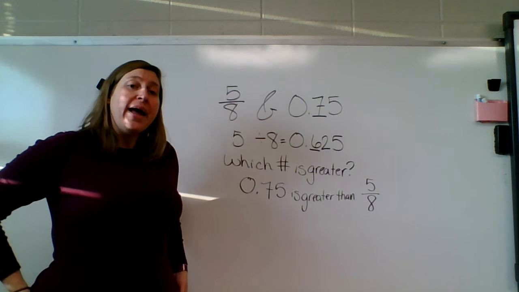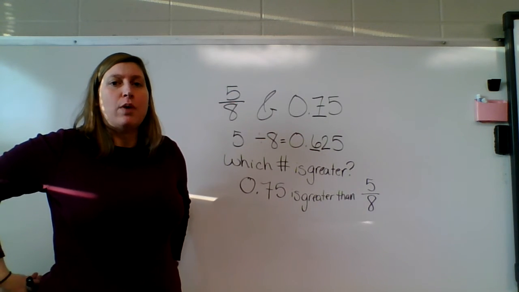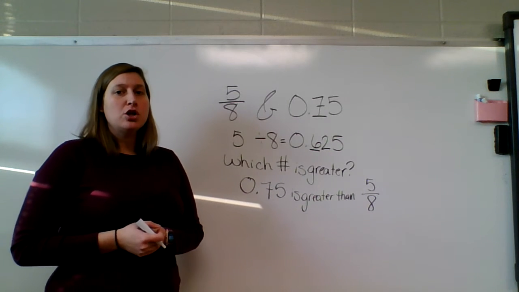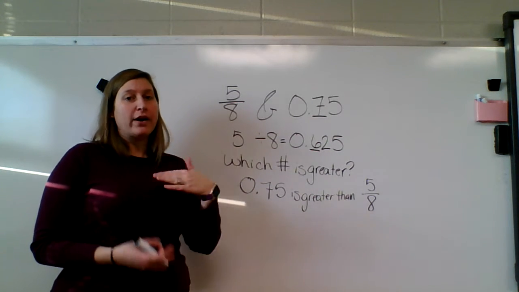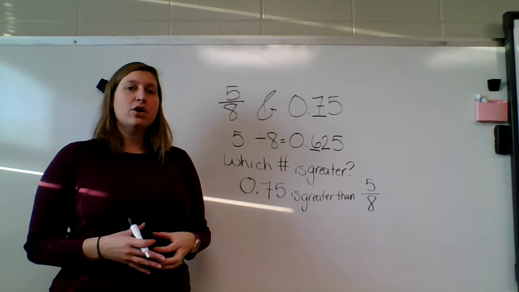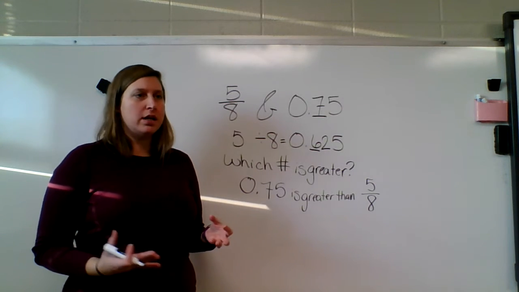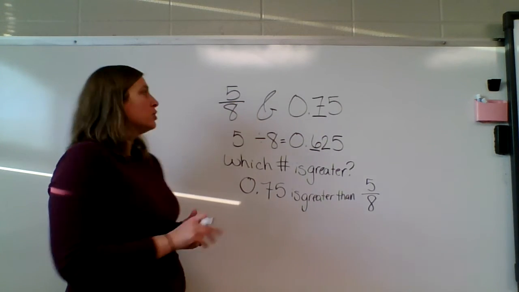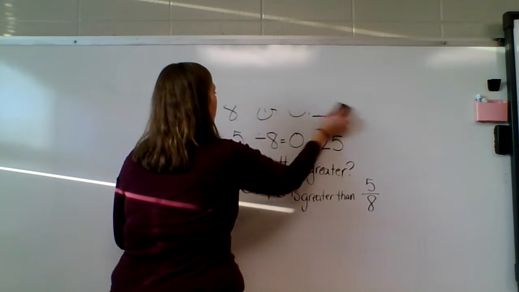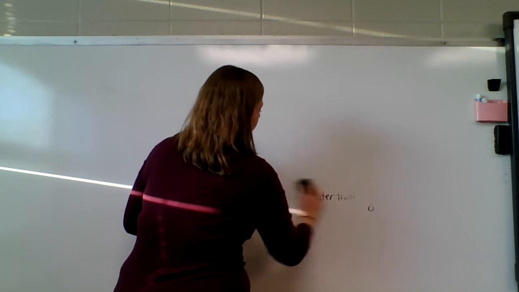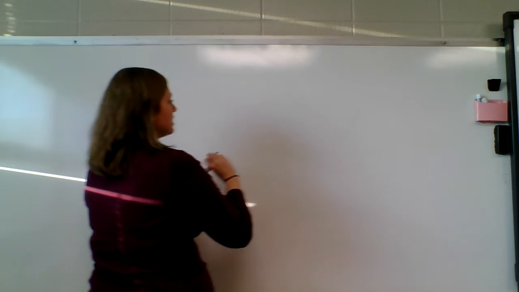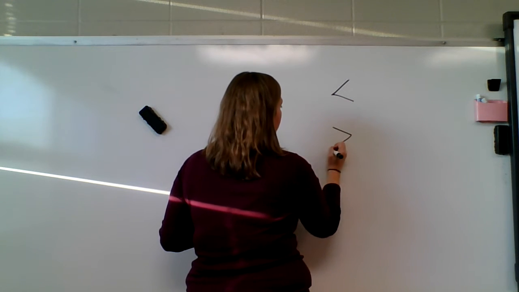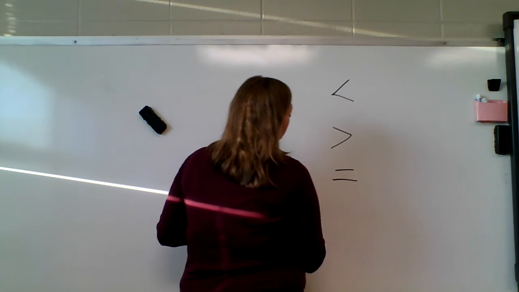So when we're comparing our rational numbers, there are symbols that we can use instead of saying greater than or less than. And they are going to be called inequalities. So we're going to be focusing on 3 inequalities: less than, greater than, and equal to.